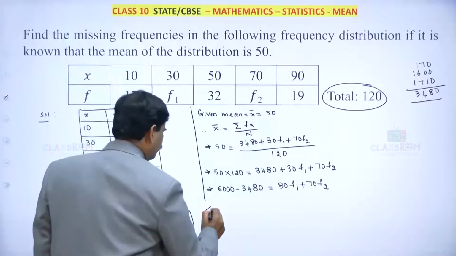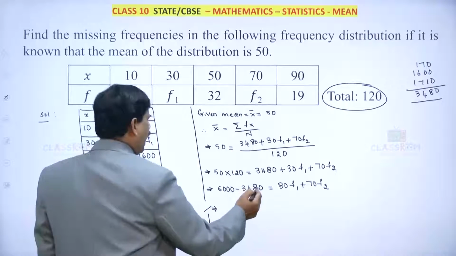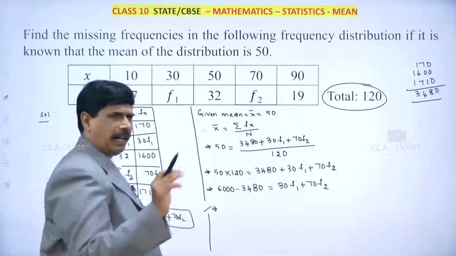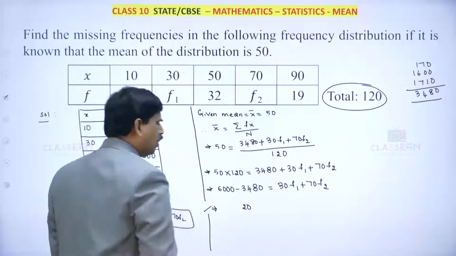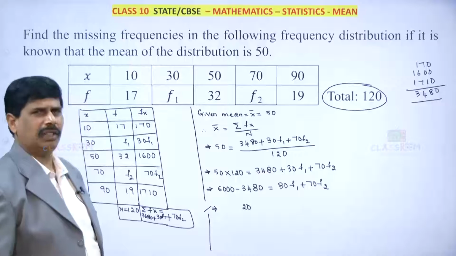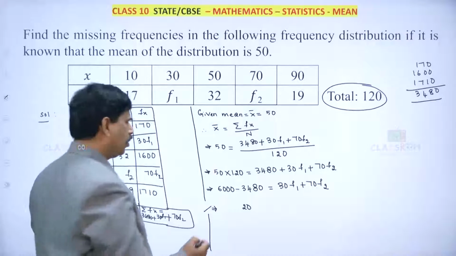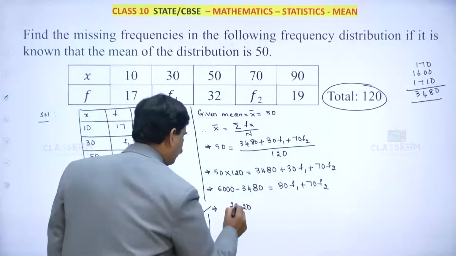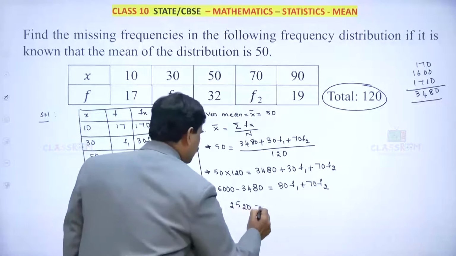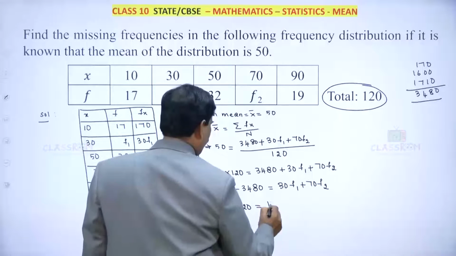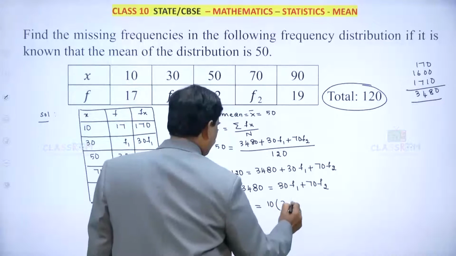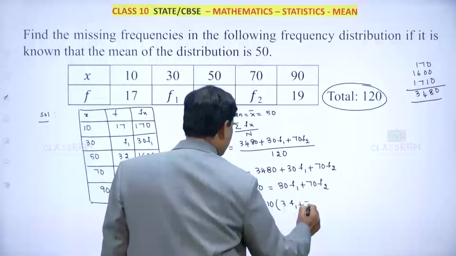Subtract it now. 6000 minus 3480 is 2520. This is equal to, from here, children, I can take 10 common, right? So then it will be 3f1 plus 7f2.